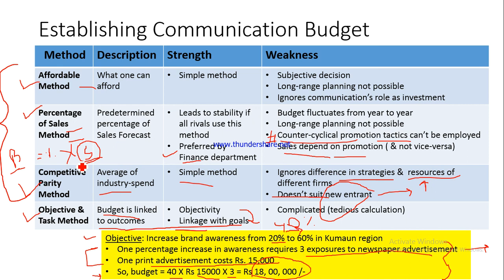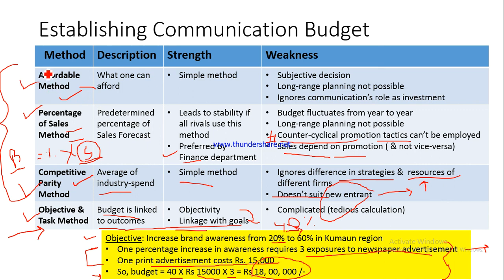Naturally, if there is a small company in the market, what will they do? A small firm in the market probably would not have the resources to go for this kind of method. They might go for the affordable method. They might go for the competitive parity method. Now what do we do here in the Department of Business Administration? We basically go for the affordable method.